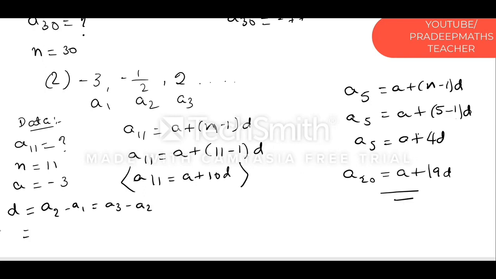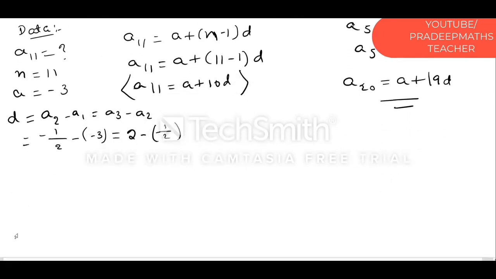So a2 will be minus 1 by 2, minus a1 will be minus of minus 3, so I will write in a bracket. a3, the third term, will be 2, minus a2, so minus half, so I will write in a bracket. Okay, now first simplify the symbols. Minus half, minus into minus will be plus 3, equals 2, minus into minus will become plus half, correct?